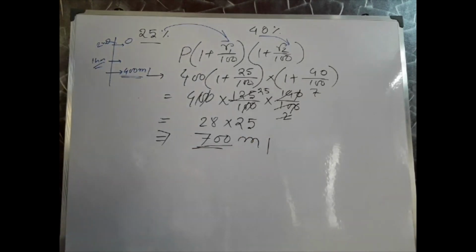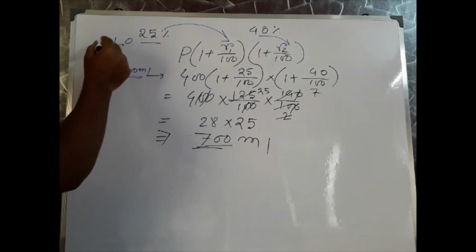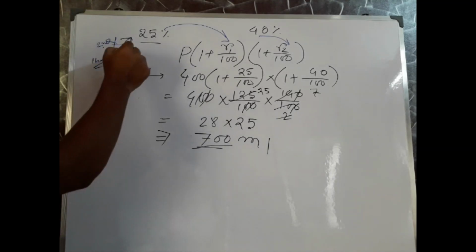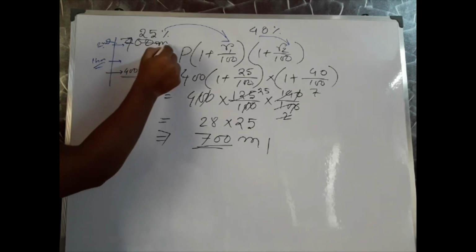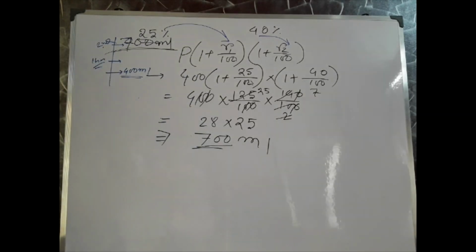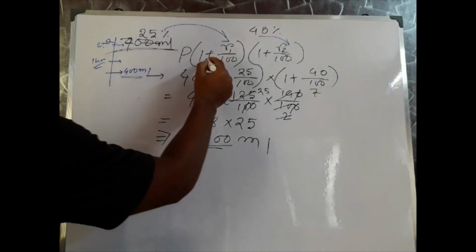So after 2 hours, we have 700 milliliter. The same question can be asked this way: if a small city has a population of 400 people, what will be the population after 2 years if the first year rate of increase is 25% and the second year 40%? The same formula should be followed. If instead of increase there is decrease or depreciation, then we should use minus here.